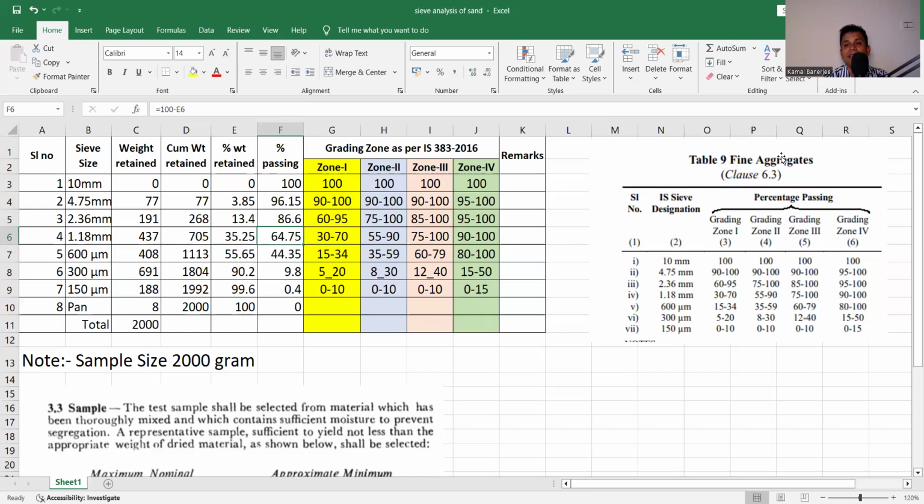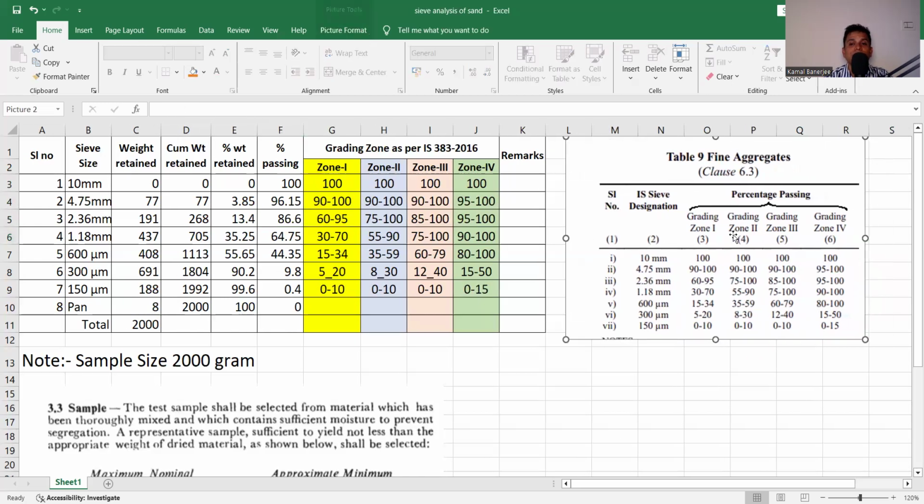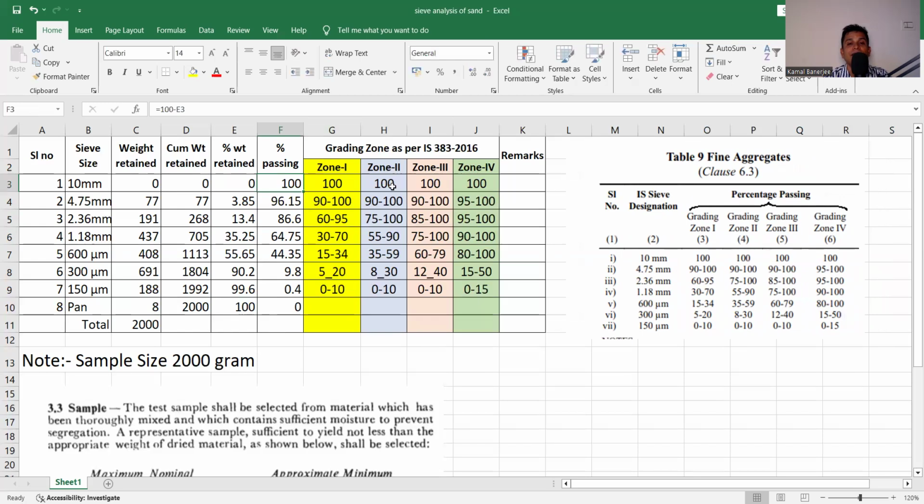So what is this table saying? According to the percentage of passing, there are different grading zones: zone 1, zone 2, zone 3, zone 4. Now I have got the percentage of passing. Now I need to say which zone it belongs to. So the first criterion is 100 percent passing. Here it is 100, here 100, here 100, here also 100.